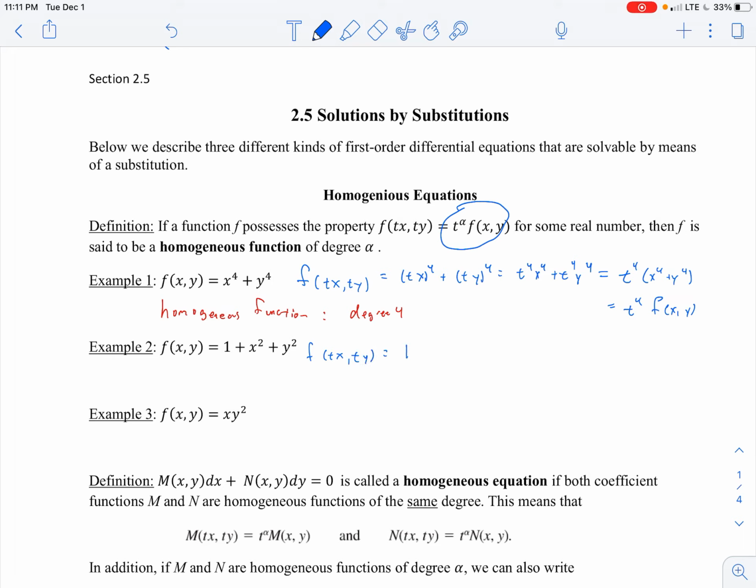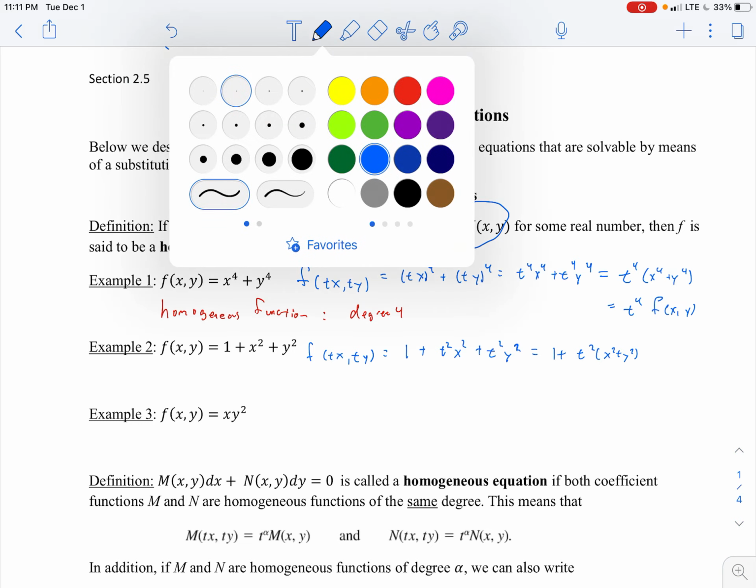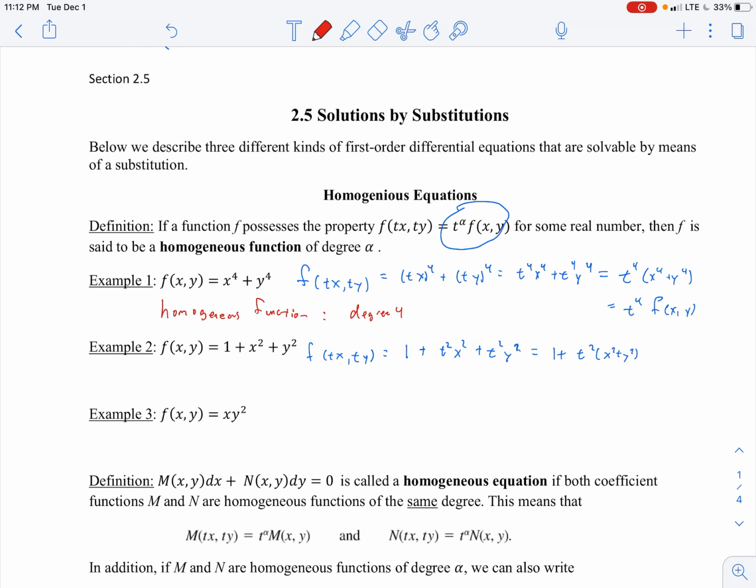We're going to get 1 plus t squared x squared plus t squared y squared, which is just going to be 1 plus t squared times x squared plus y squared, which you can see here is not going to give us back the original, so this is a non-homogeneous function.